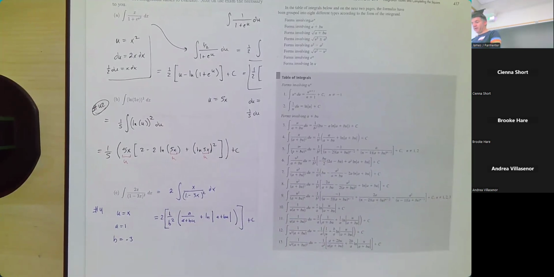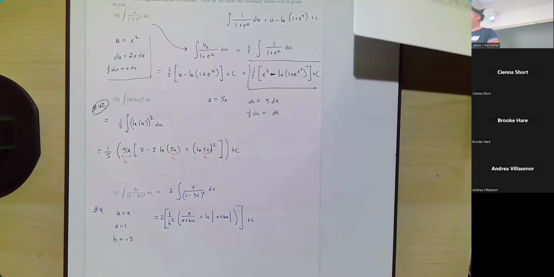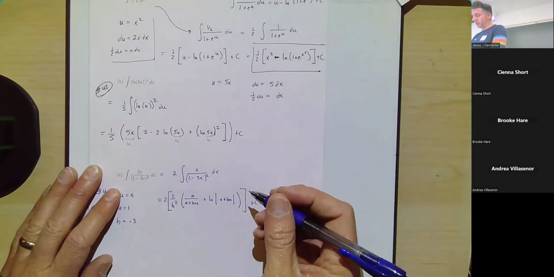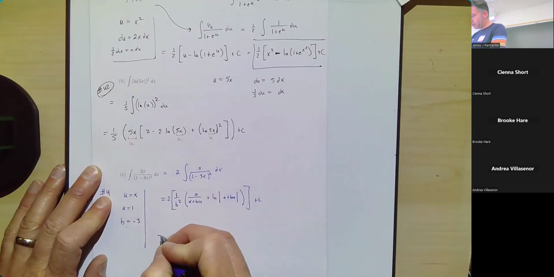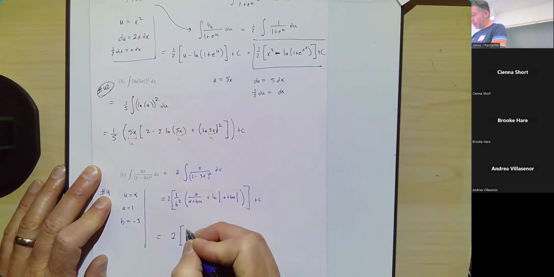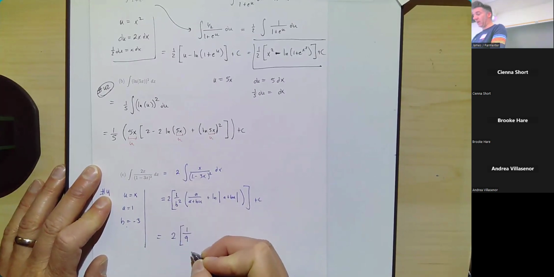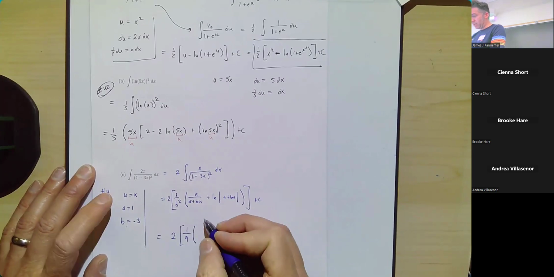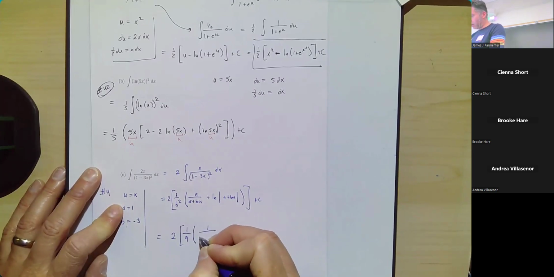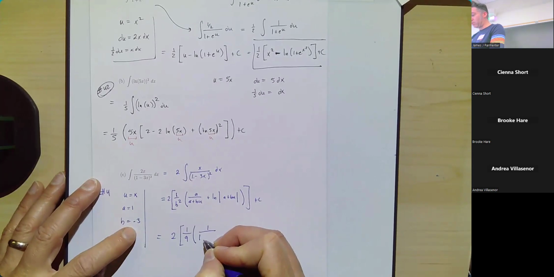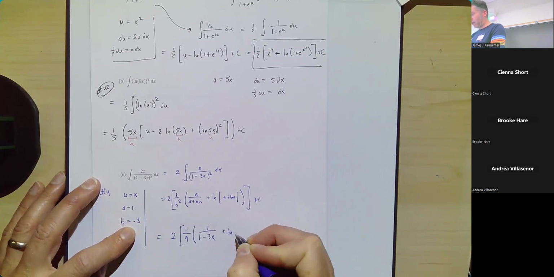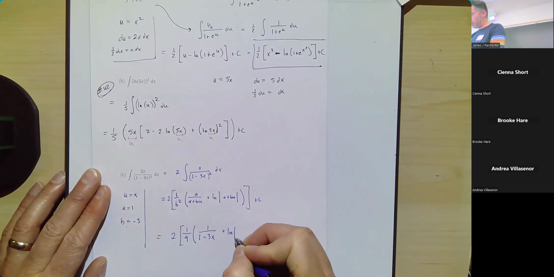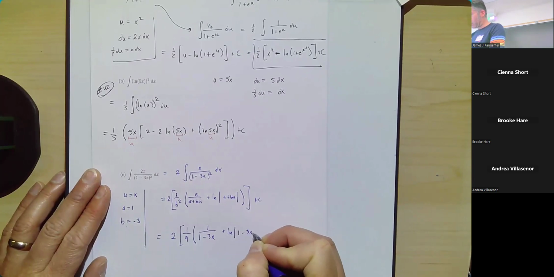And now that I've identified my u, my a, and my b, I can just plug those into the formula. I could have also done that without writing the formula down. So here we're going to get 2 times 1 over -3 squared, which is 9, times parentheses a over a plus bu, so that's going to be -3x, plus the natural log of a plus bu, which is again 1 minus 3x.